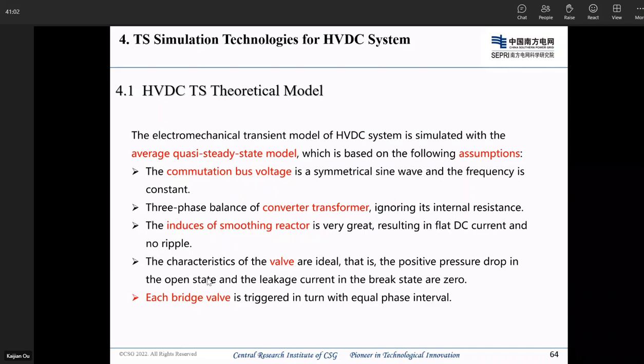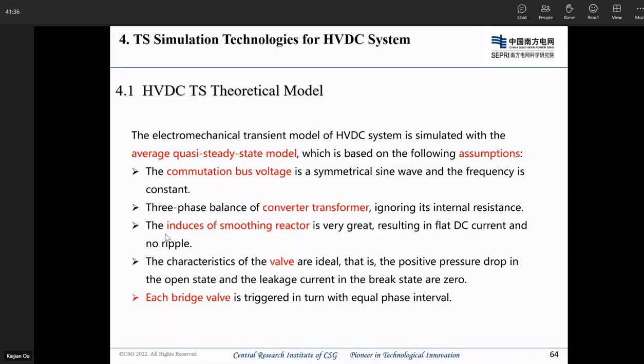For the TS simulation of HVDC, we make some simplifying assumptions. The first is that the communication bus voltage is a very good sine wave and the frequency is constant, with three-phase balance of the converter.